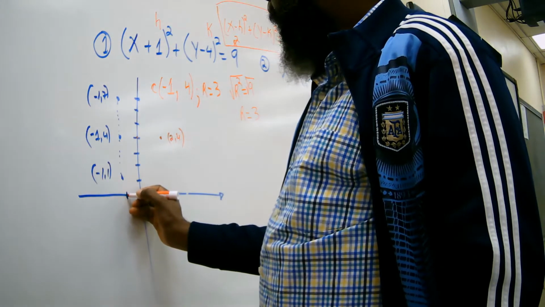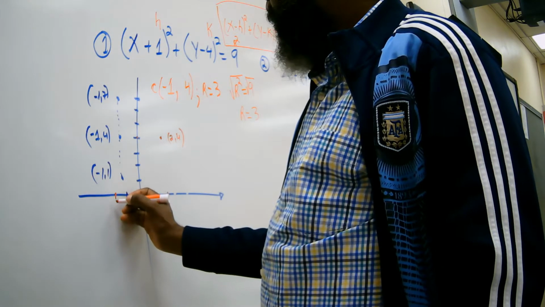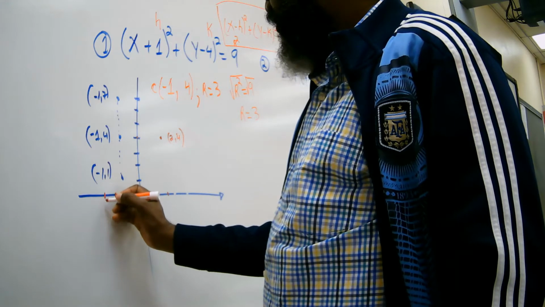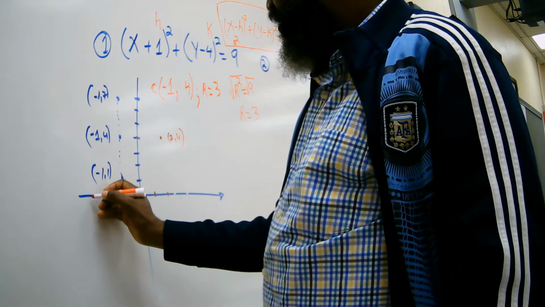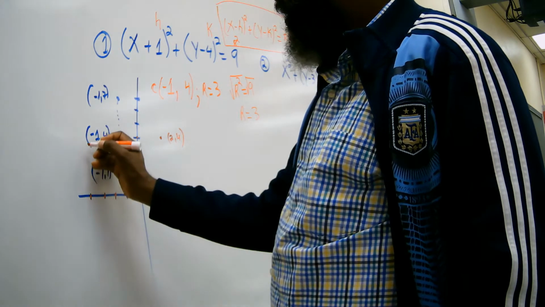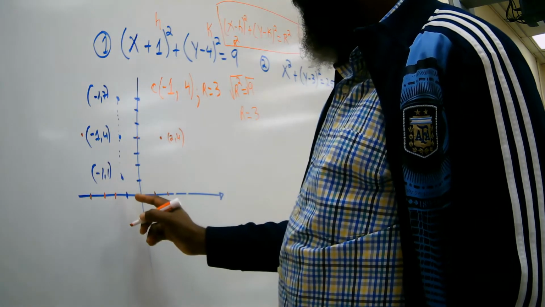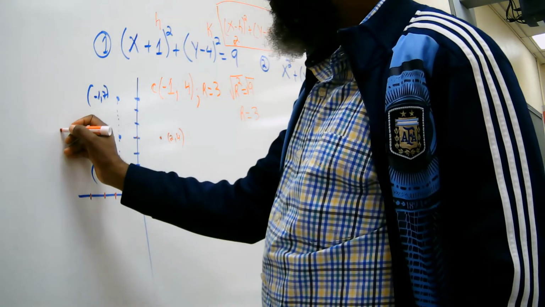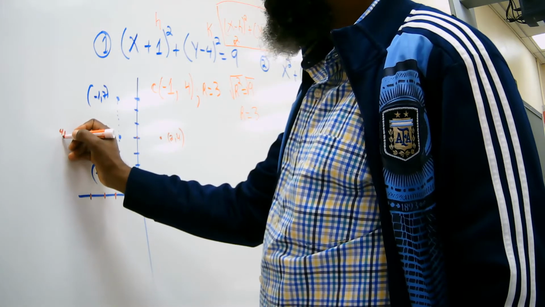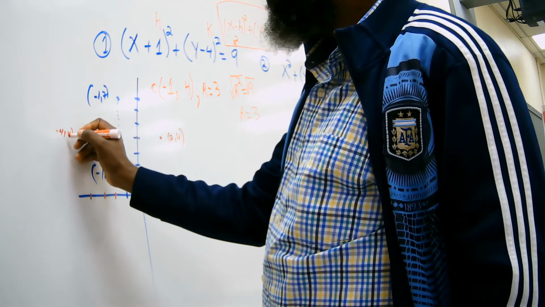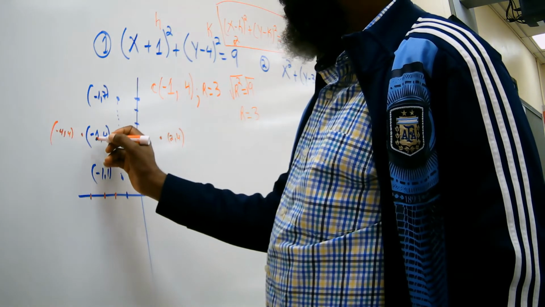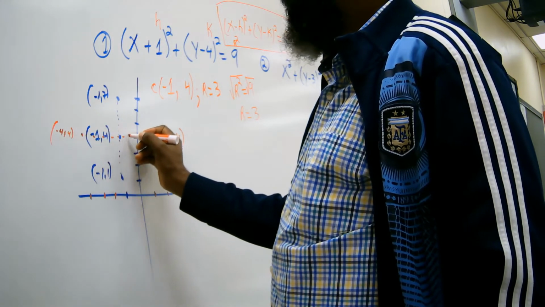So I was at -1, -2, that's 2 units, -3, alright, and I will be at this point here, which is (-4, 4). Again, this will give me another diameter.